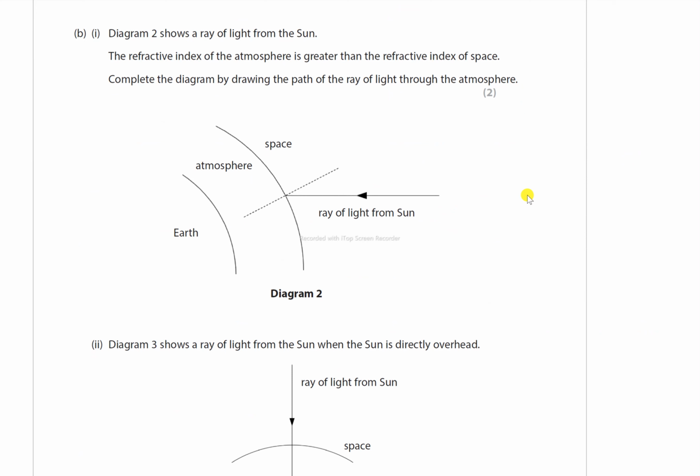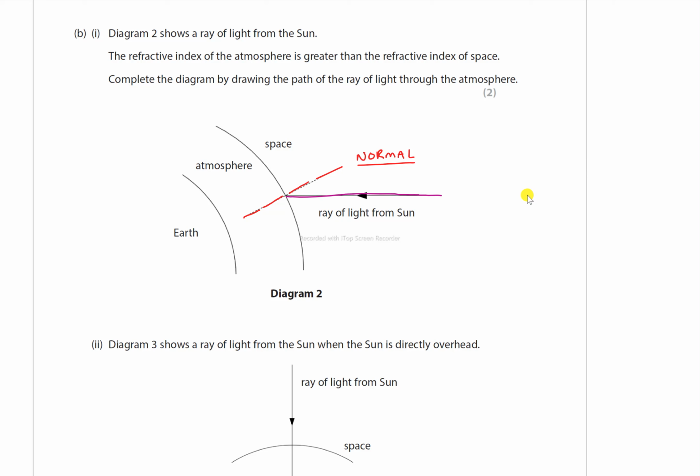Right, diagram 2 shows a ray of light from the sun. So you've got this incoming ray. They've drawn this line, and what is that line called? It's called the normal. The refractive index of the atmosphere is greater than the refractive index of space. Complete the diagram by drawing the path of the ray of light through the atmosphere.